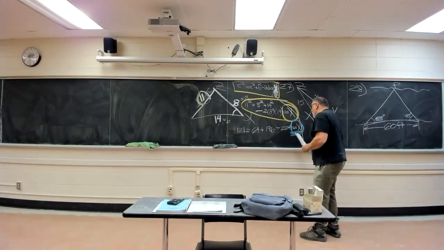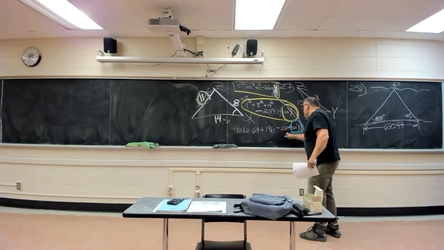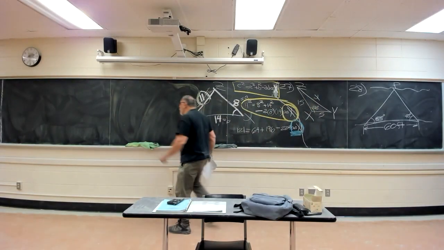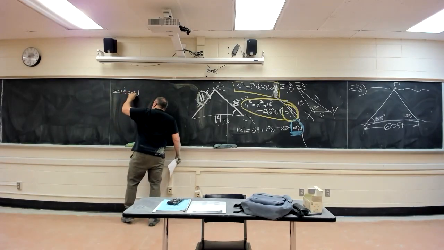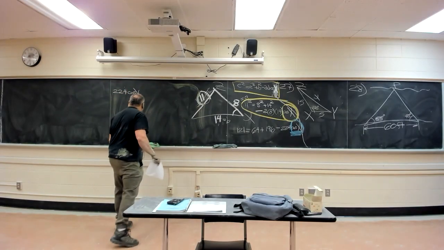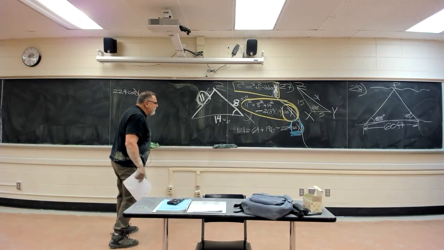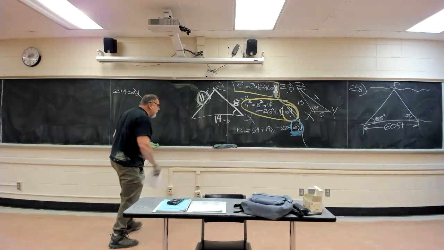Tell you what I'm going to do. I'm going to add a positive 224 cosine x on each side and subtract 121 on each side.